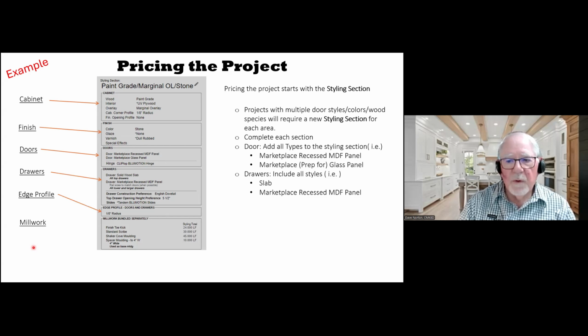We're going to look for an edge profile on the doors and drawers. And finally, we're going to ask for millwork bundled separately. So at this point, all we're looking for is what types of molding you're going to be specifying on the job. Quantities are entered at the room level.